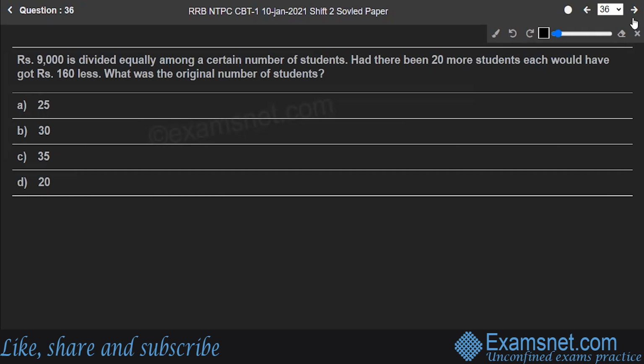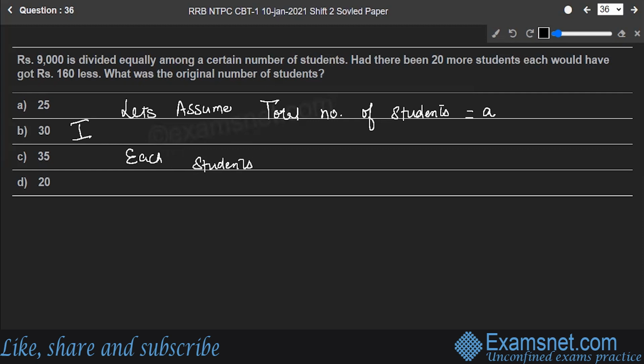So first thing, let's assume total number of students is A. Now, if 9,000 rupees is divided in A students, then in the first case each student's share is 9,000 upon A. Second case, if there are 20 more students, so now how many students will be there? A plus 20, right? This is the second case.